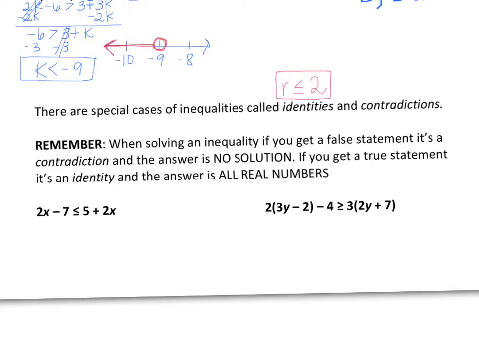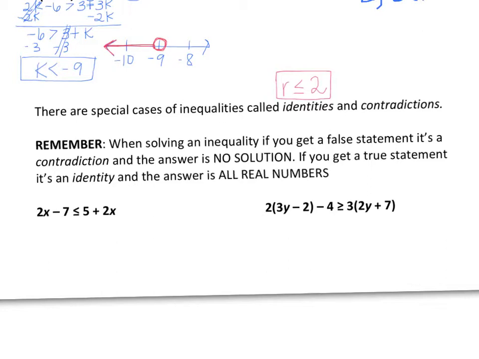Same thing for identity. If you get a true statement, the answer is not true, the answer is not identity, the answer is all real numbers, which tells me any number could be a true value of x. Right, it's either no solution or all real numbers.